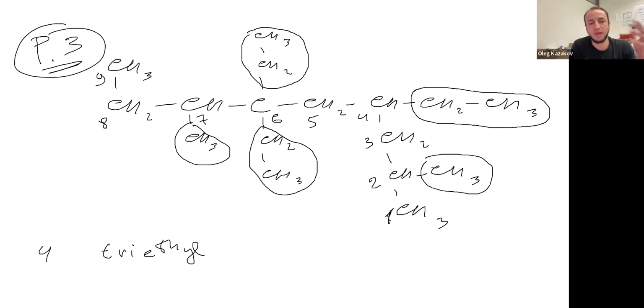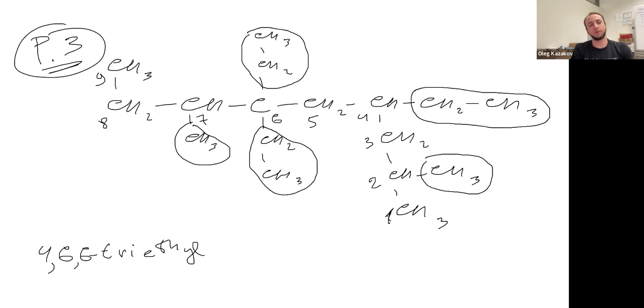We'll just put the numbers together where all the ethyls are located. It's going to be 4, 6, 6 triethyl. So basically it means that there are ethyls on carbons 4, 6, and 6, right? So total you have 3 ethyls, right?